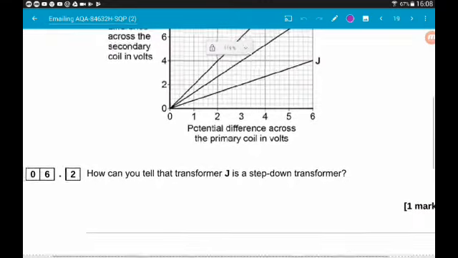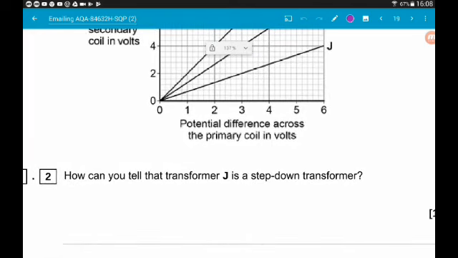So first of all, we are asked, how can you tell that transformer J is a step down transformer? So in a step down transformer, the potential difference in the secondary coil is less than the potential difference across the primary coil.